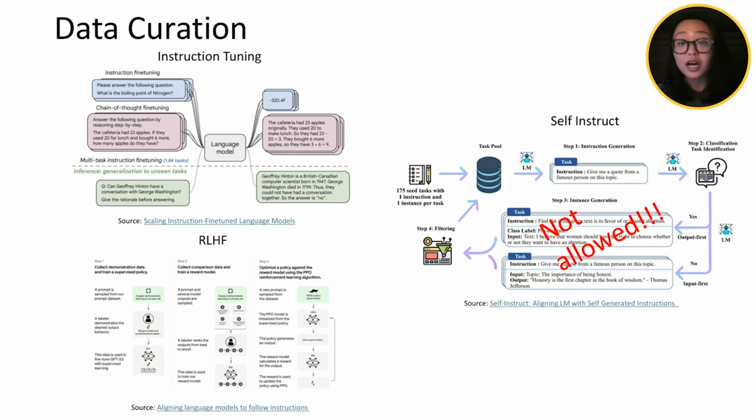And of course, you can also do all of that with another language model, and this is very popular today, called self-instruction. If you hear about Orca-style data sets, that's actually generated using ChatGPT.